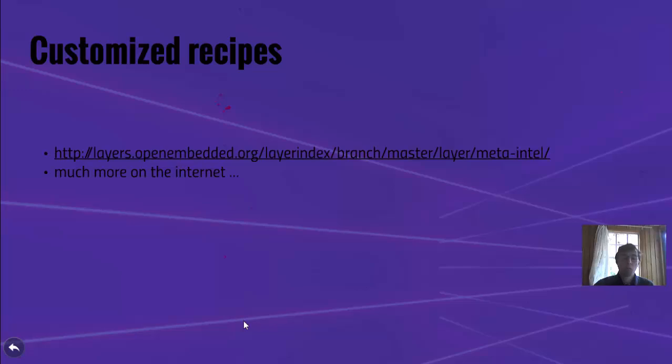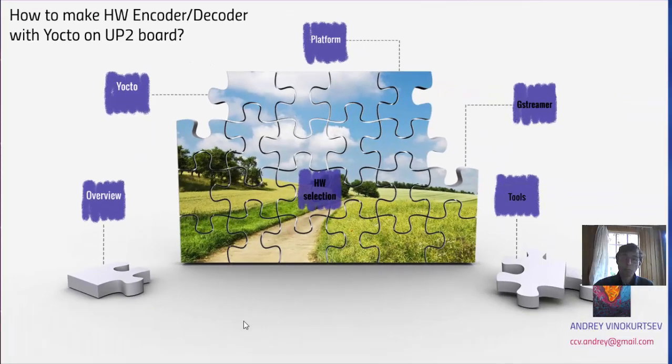What I'm showing here is Apollo Lake, an Intel platform, so I depend on the VAAPI driver, on the media Intel driver. But if you choose something else, you will need a driver specific to your platform. Like if you choose some GPU from NVIDIA, you will need different drivers for this.